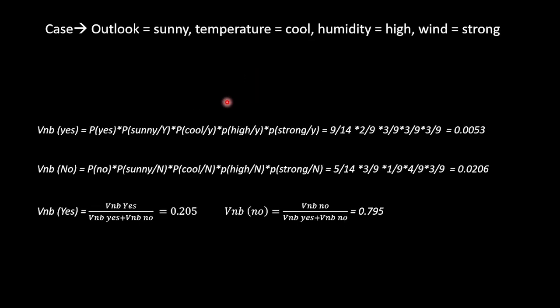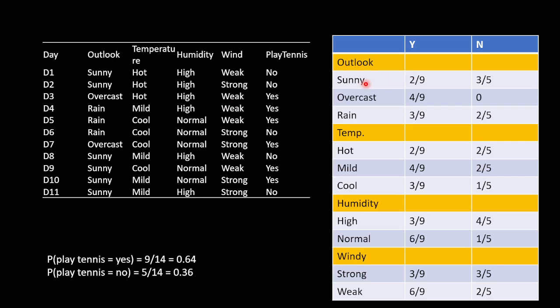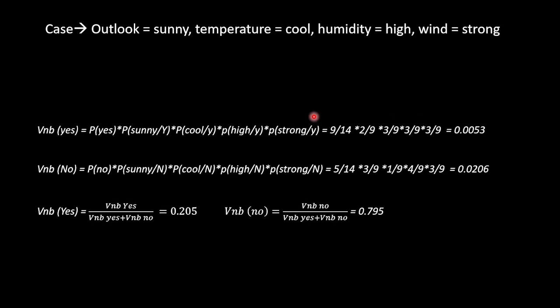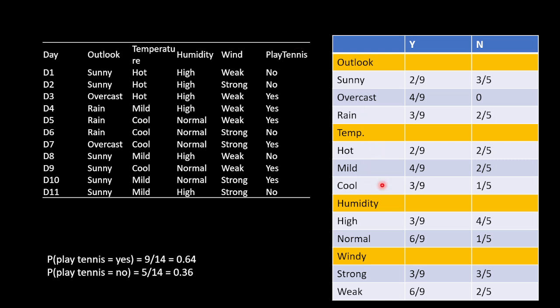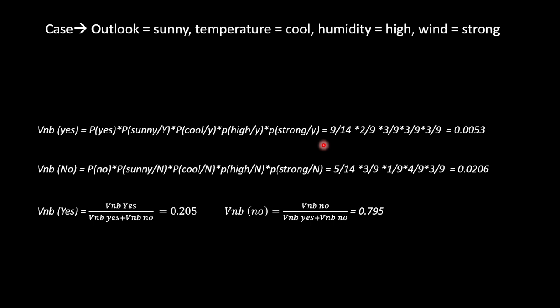So you have to go for P of sunny given yes, then the second one, which is cool. Let us see the cool given yes term. So sunny is 2 by 9 and cool is 3 by 9.